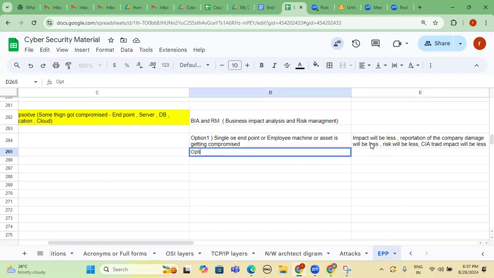Option 2, server or database or application or cloud, any other, is getting compromised.